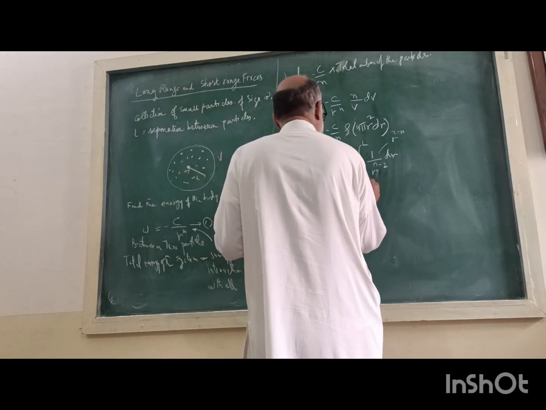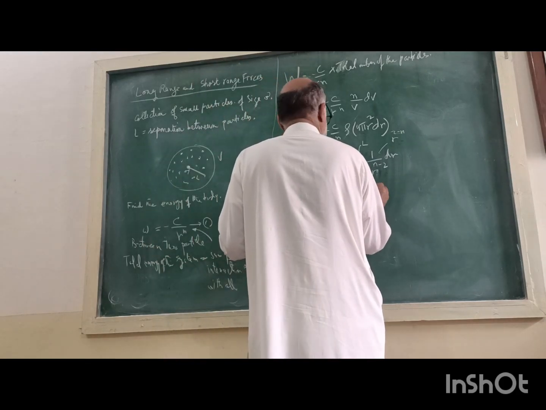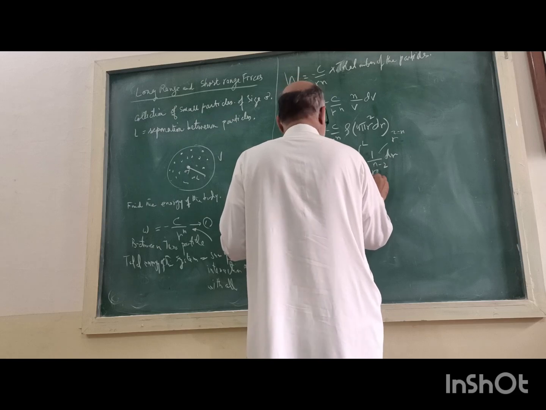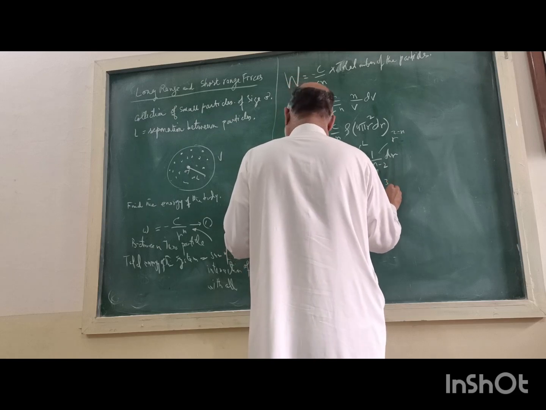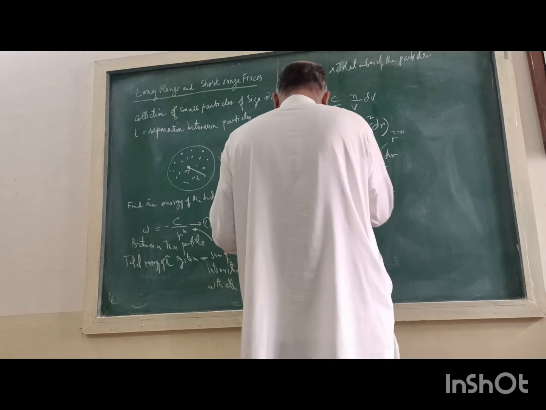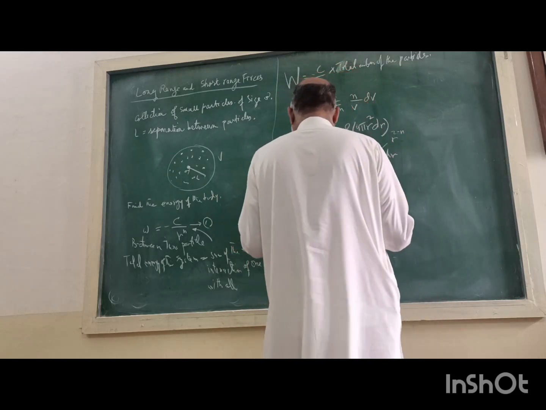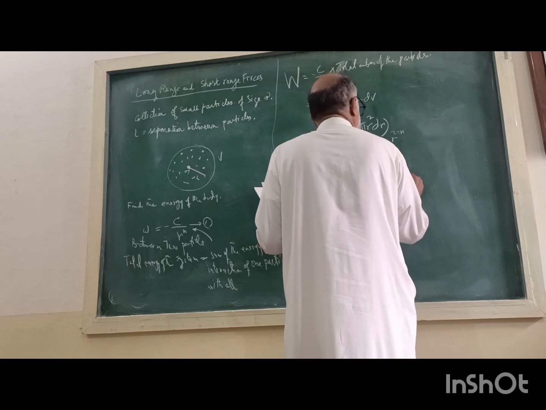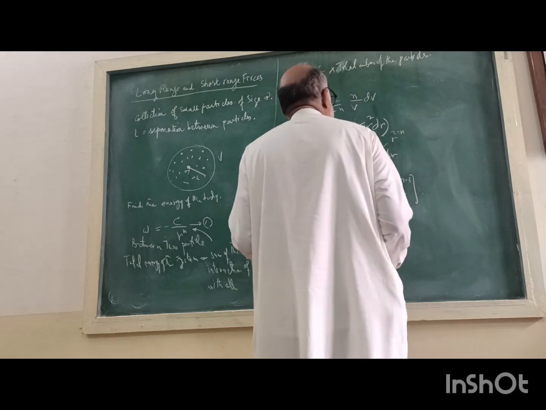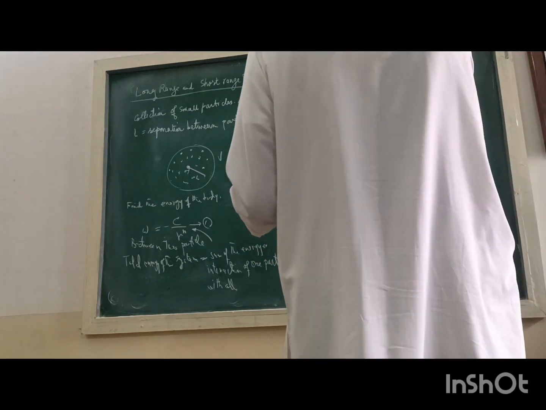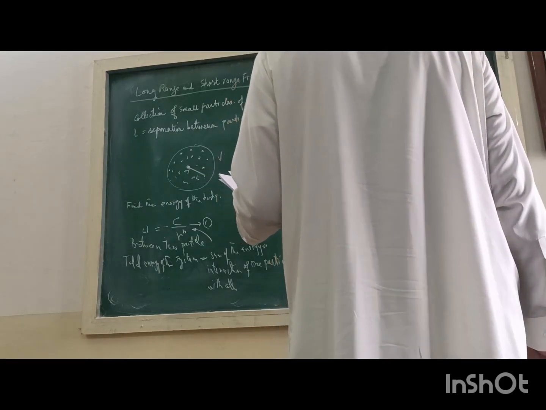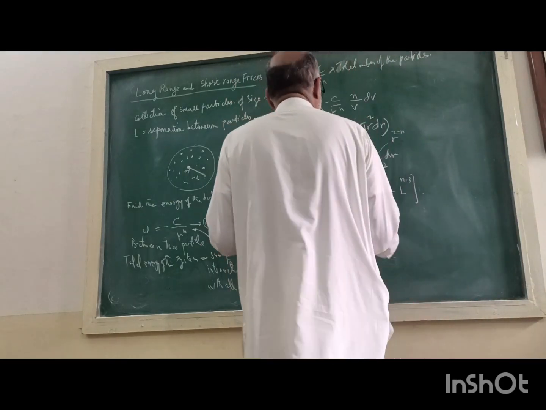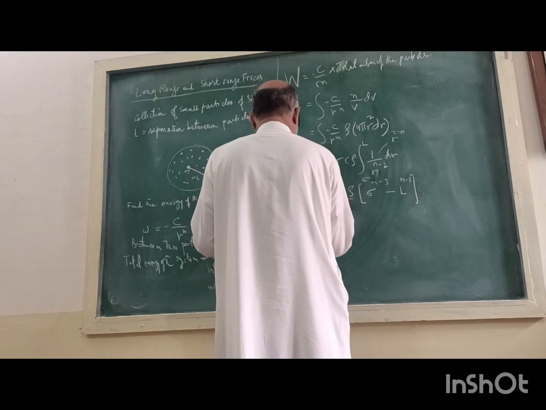sigma to the power 3 minus n, minus L to the power 3 minus n, divided by n minus 3.